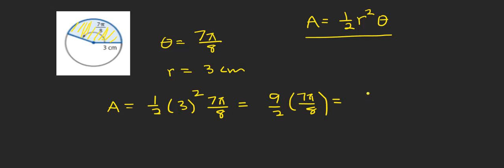And that's going to be 63 pi over 16. And if you use your calculator, you'll get approximately 12.4 square centimeters. Remember, this is area, and we have to square the radius, so we get 12.4 square centimeters.